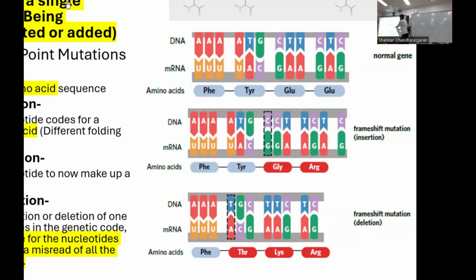Suddenly the codons are read much differently. Just because one more G was added, look at how the codons have changed. Basically, they are misread every single time beyond that point, because codons are read 3 by 3. As soon as you add one in, that order is changed, where it's all pushed one down the line.